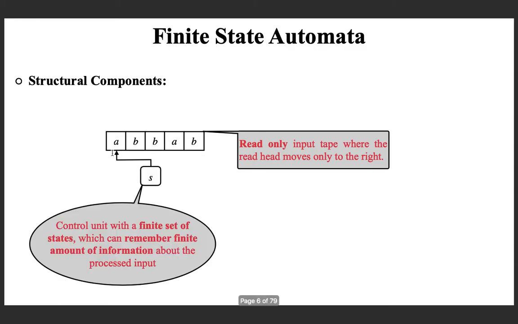And the second component is a control unit with a finite set of states in it, and each state can remember finite amount of information about the processed input. For example, a state can remember whether the number of A's processed so far is even or odd. So these are the two structural components in a finite state automata.